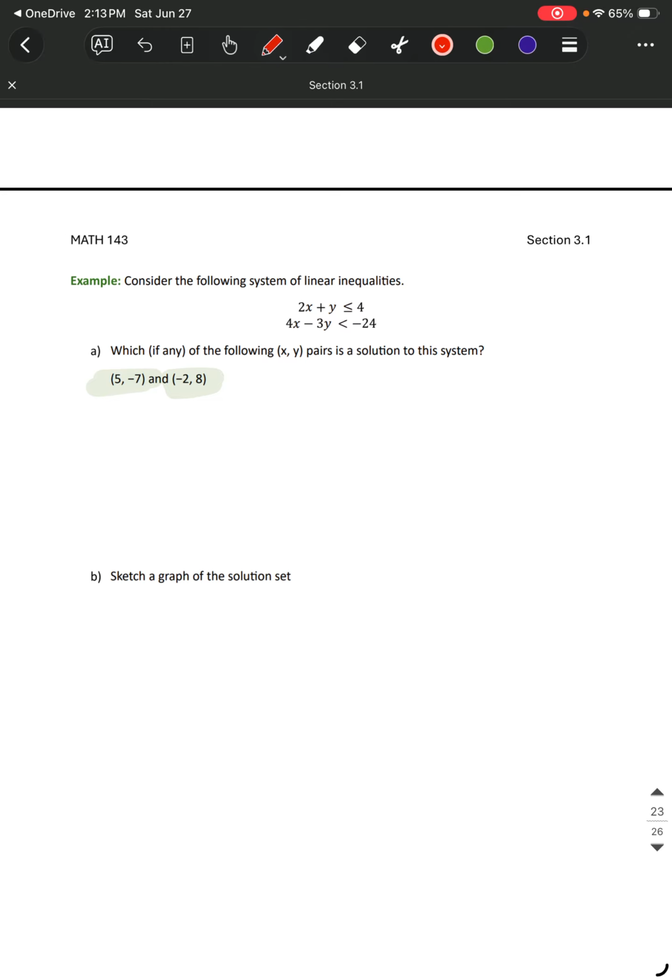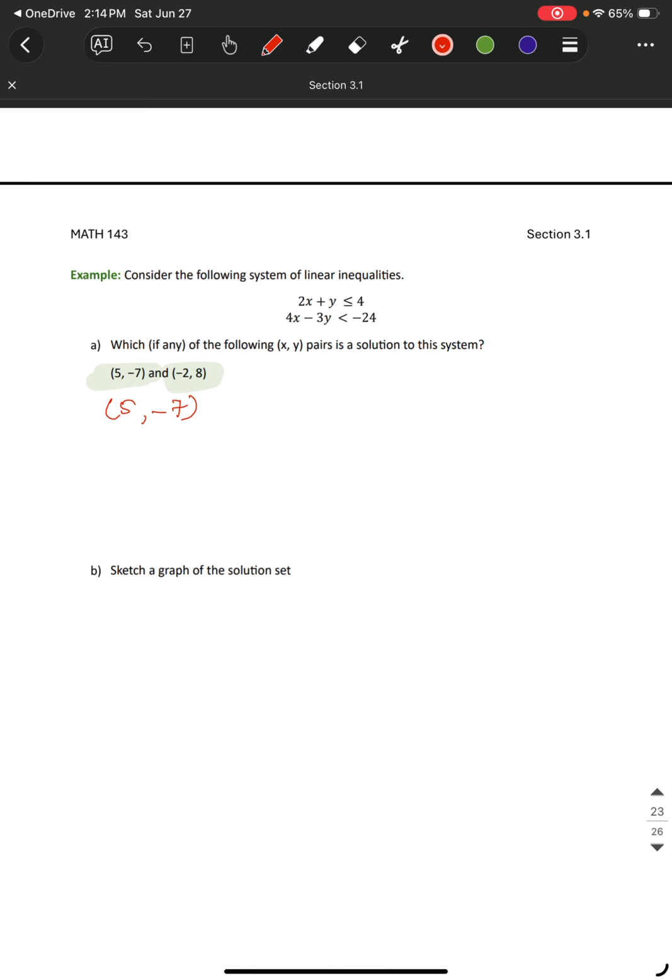Okay, let's see. First, use 5, -7. Okay, 2x plus y less than or equal 4. By substituting, 2 times 5, minus 7, 10 minus 7, 3. 3 less than 4.